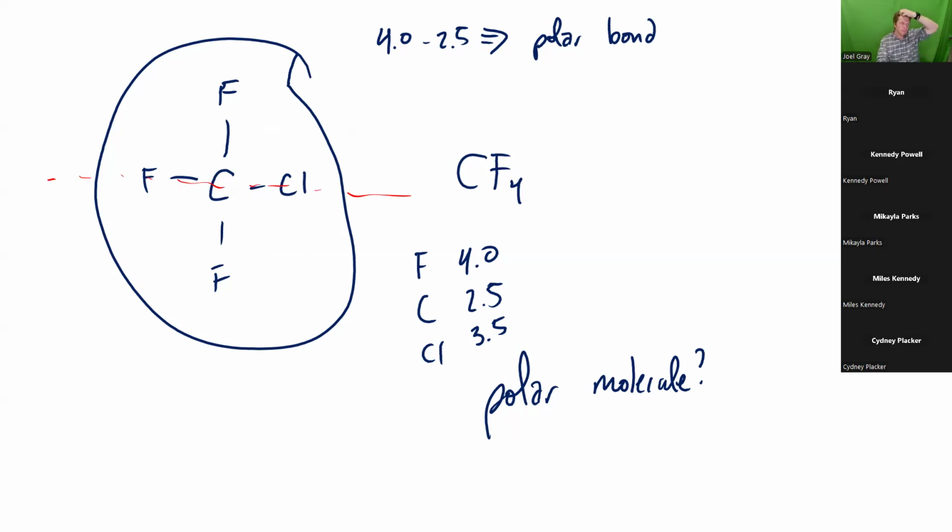But basically, we're looking at it and saying along any axis, is it asymmetrical? Sure, if you cut it down the middle, oh yeah, it's perfectly symmetrical. But what about this way? Nope, it's not, because you've got two fluorines on this side, and then a fluorine and a chlorine on this side. So it's asymmetrical. As soon as a molecule becomes asymmetrical, it's going to be a polar molecule.